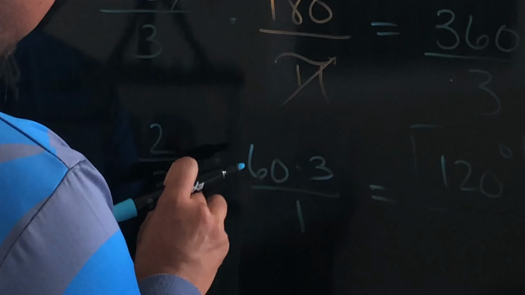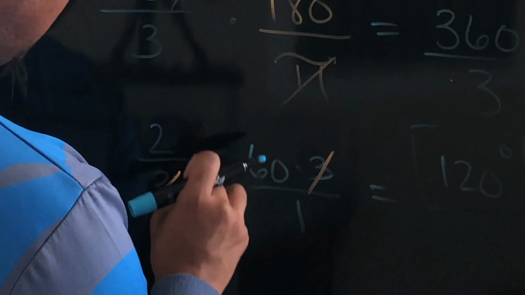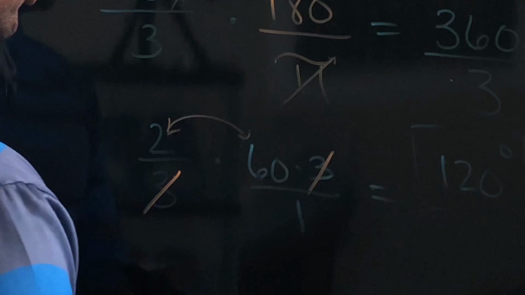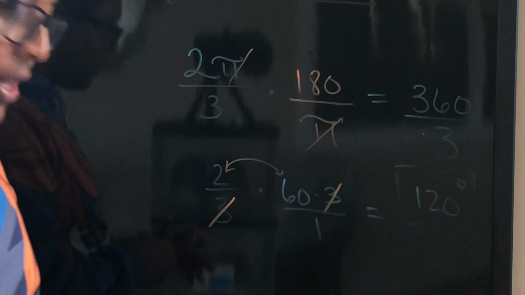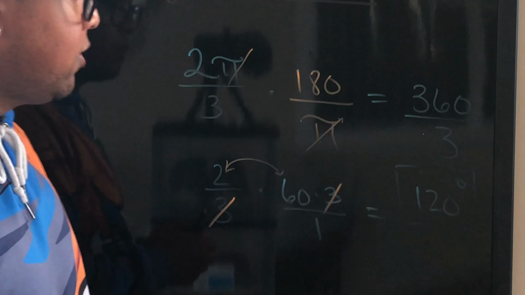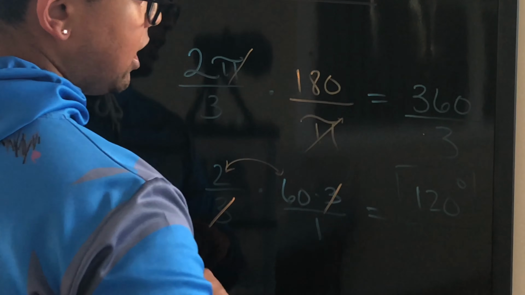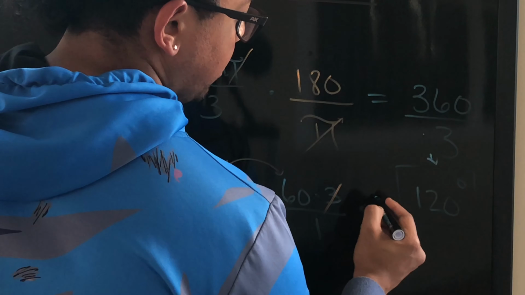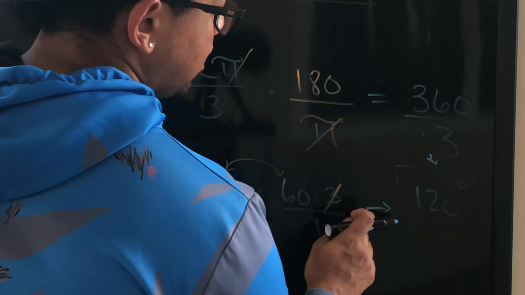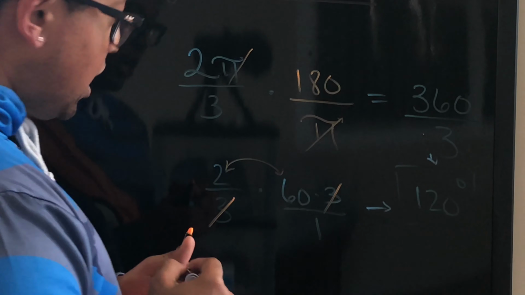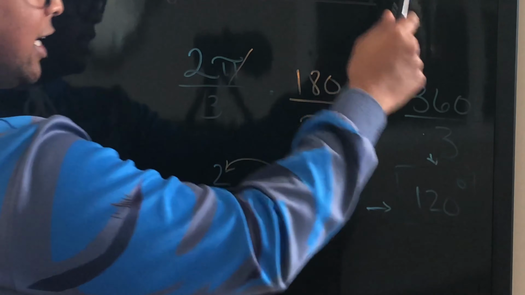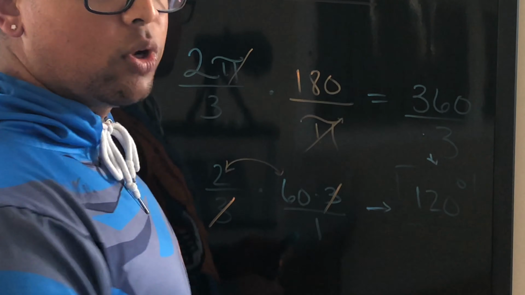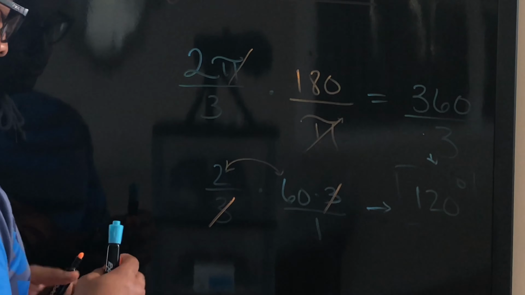And then you multiply 2 times 60, and you're left with 120. Those are two different ways. As you can see, they both give you 120. So however you want to do it, if you want to multiply then reduce, or break down, reduce, and then multiply at the end, that's completely fine. You'll end up with the same answer.